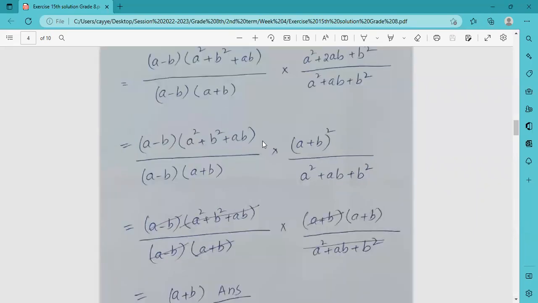You have to see that the second numerator, the formula becomes the first identity. A square plus 2ab plus b square can be written as a plus b whole square.